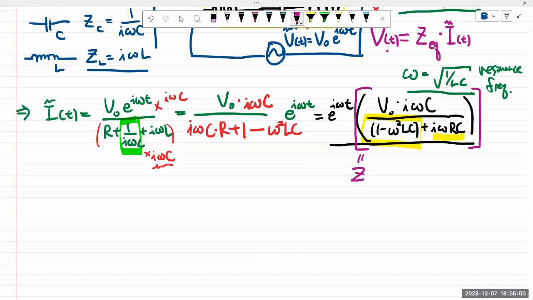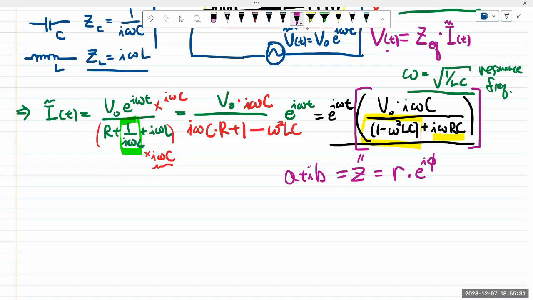When you have a complex number, you have two different ways of representing it. You can represent it in the Cartesian form, a plus i times b, or you can represent it in the polar form. Let me not use R because that's going to get confusing. Lowercase r, a magnitude, times the complex exponential e to the i phi.